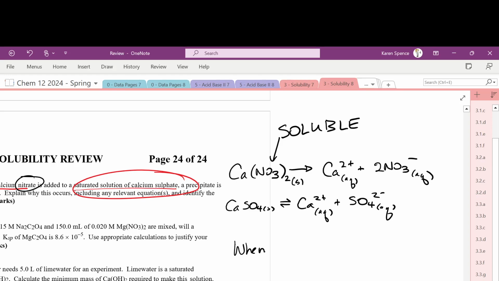I'll start you off. When Ca(NO3)2 is added to the CaSO4 solution, what happens?